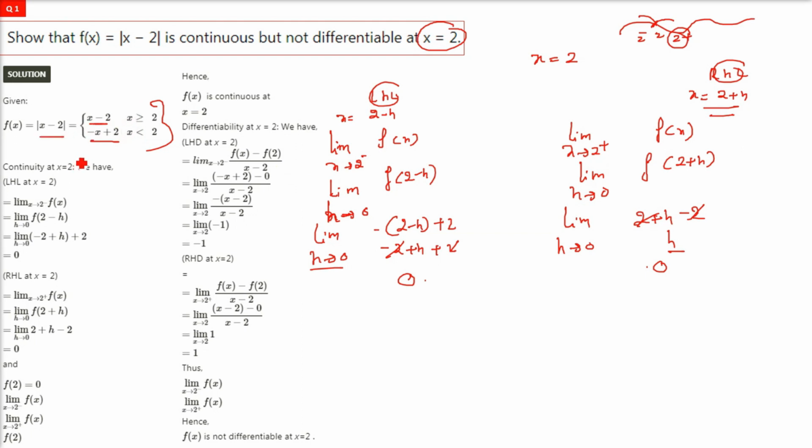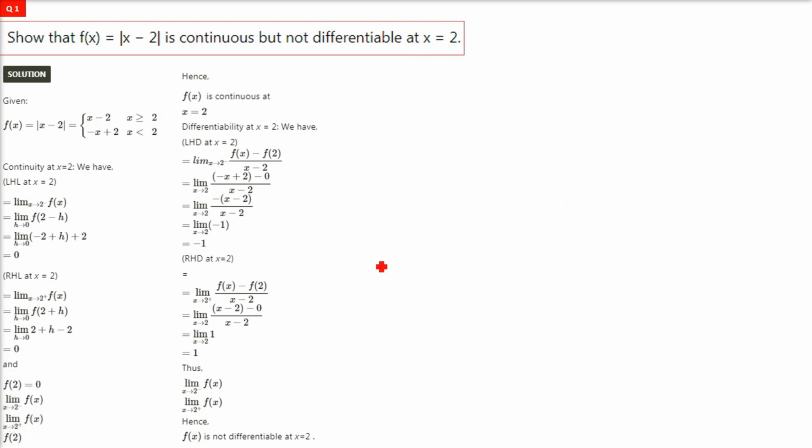Mod x minus 2 is x minus 2 when x is greater than or equal to 2, and mod x minus 2 is minus x plus 2 when x is less than 2. So we are coming to actual differentiability now. The discussion point of this whole exercise is differentiability.